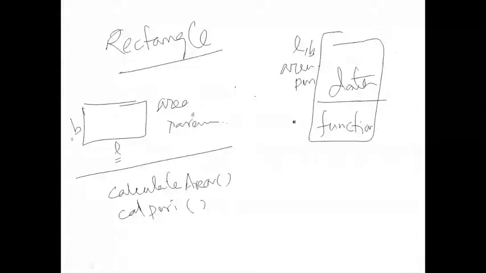And as function we have calculate area and calculate perimeter. So these are the functions. So this thing we will do in C++, in Dev C++. We'll write the program. So let us go to Dev C++.